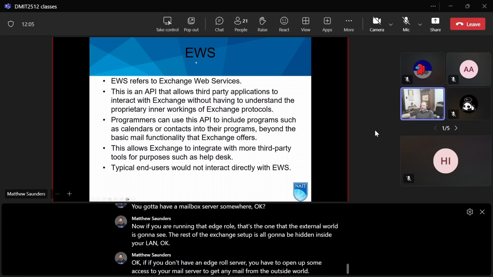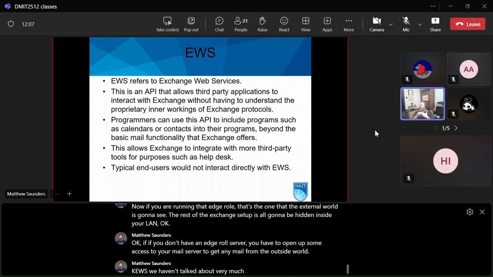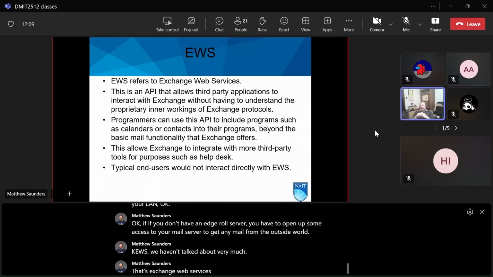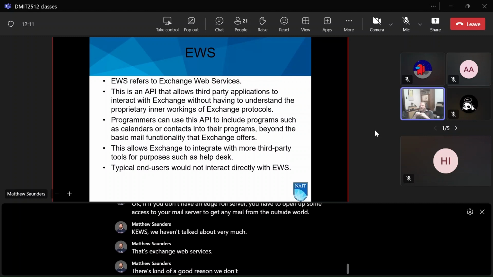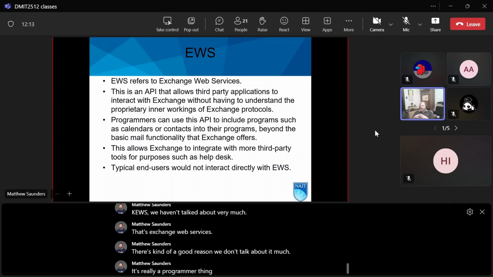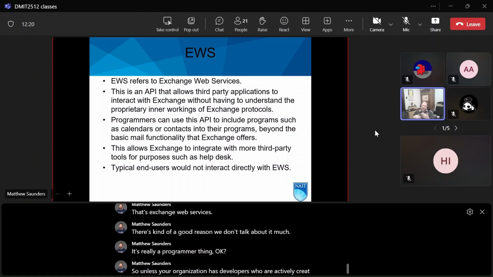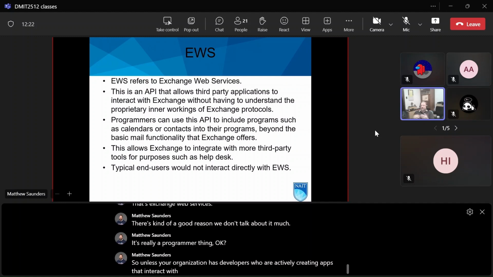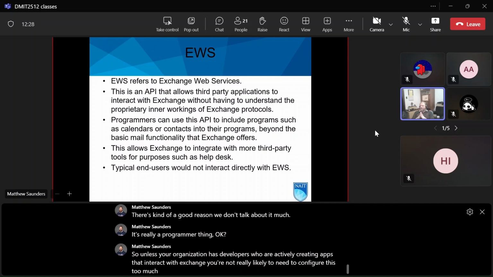Okay, EWS we haven't talked about very much. That's Exchange Web Services. There's kind of a good reason we don't talk about it much. It's really a programmer thing. Okay. So unless your organization has developers who are actively creating apps that interact with Exchange, you're not really likely to need to configure this too much. Okay. This is an application programming interface that Microsoft came up with.